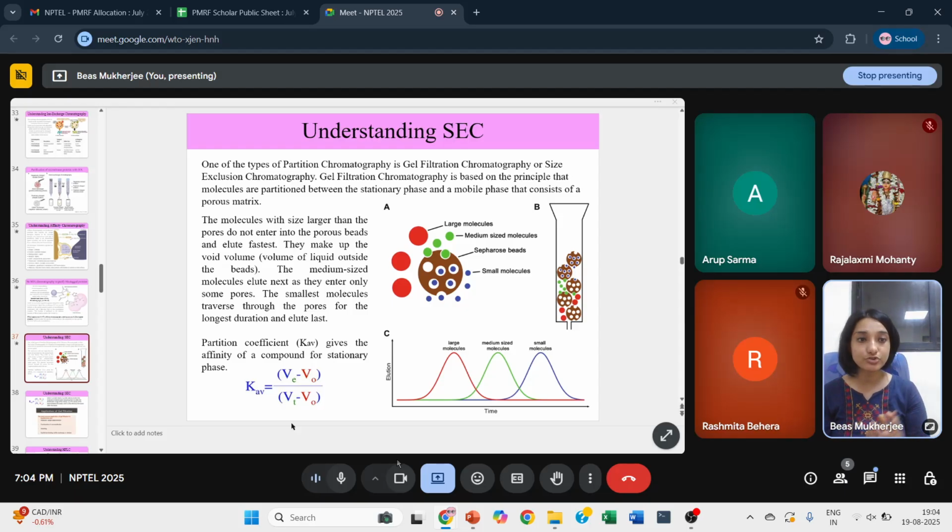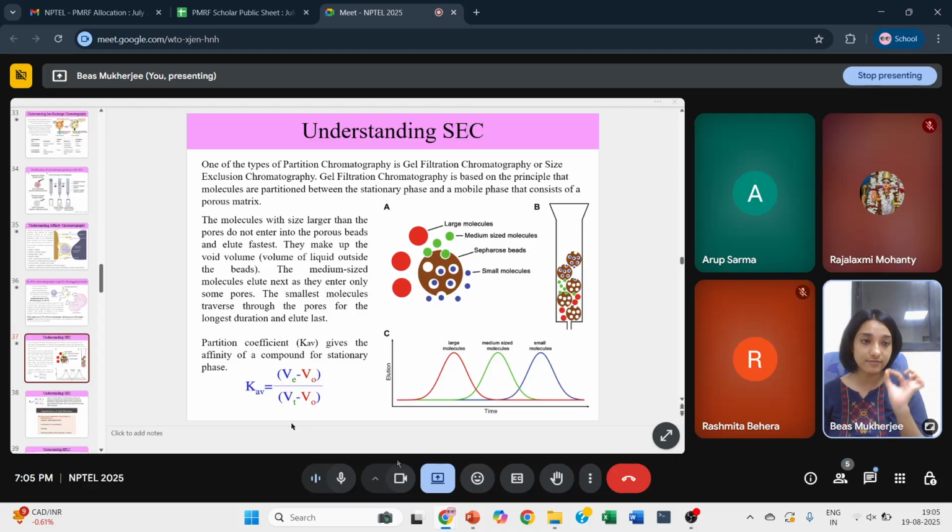In size exclusion chromatography, there are pores of different sizes throughout your column. Now you pour in the proteins. The protein that is largest in size will not enter any pore, as it is too large for the pores, so it will come out first. Next, the medium sized proteins will enter some pores and elute later.